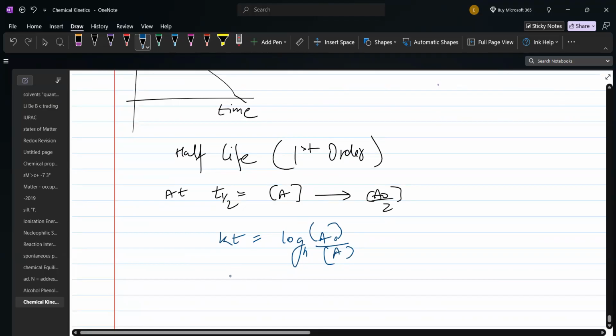Since we have to find T half, we will put t as T half.